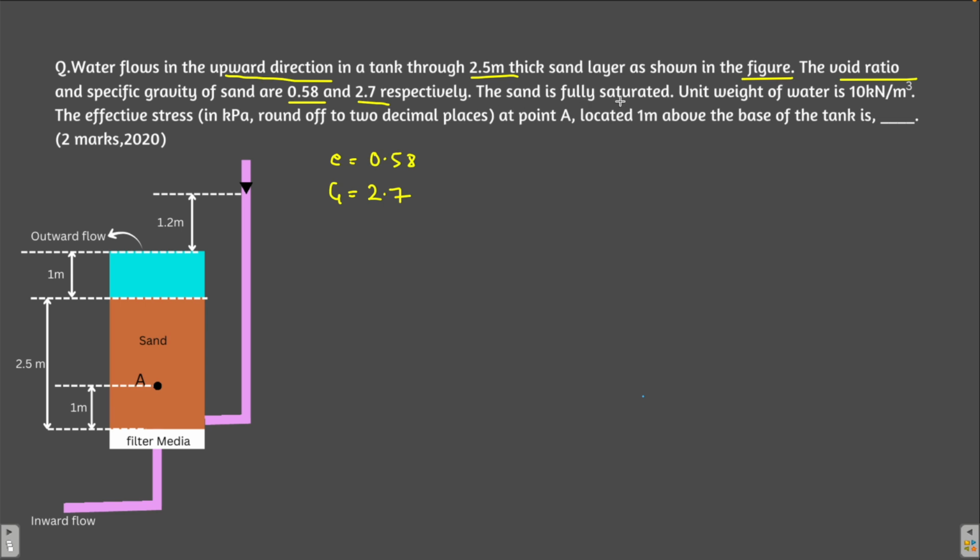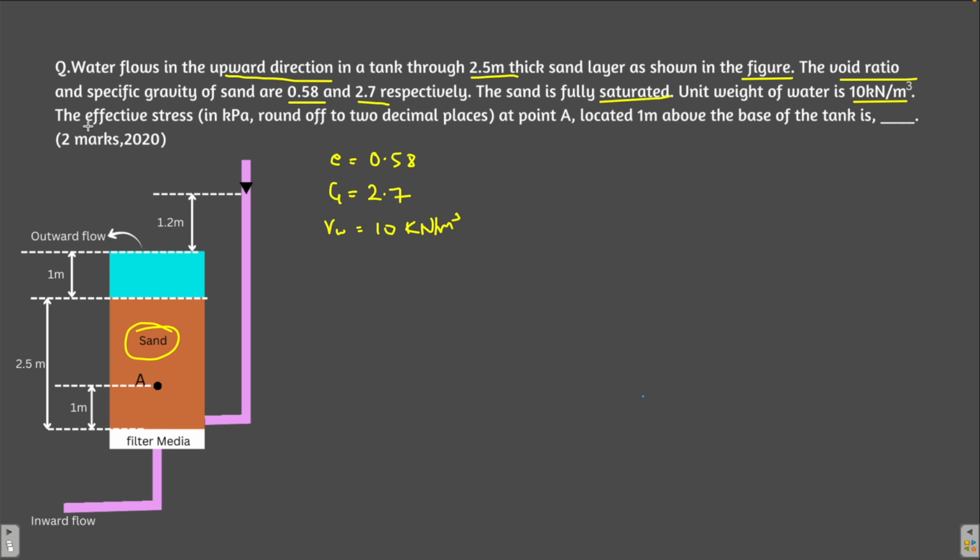Now, the sand is fully saturated. Of course, if the water is flowing, the sand is fully saturated. The unit weight of water is 10 kilonewton per meter cube. Gamma W is given to you as 10 kilonewton per meter cube. Okay, this is the unit weight of water given to you.